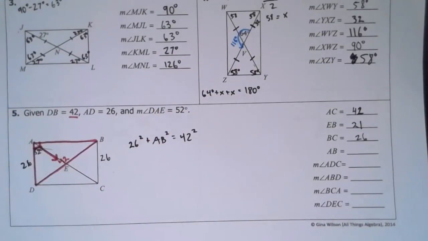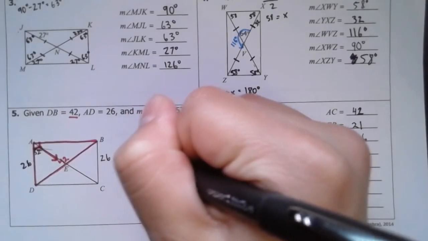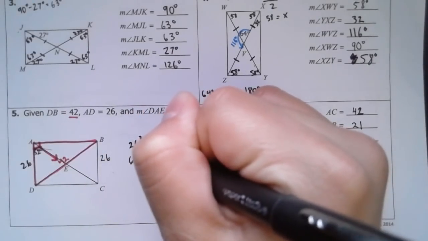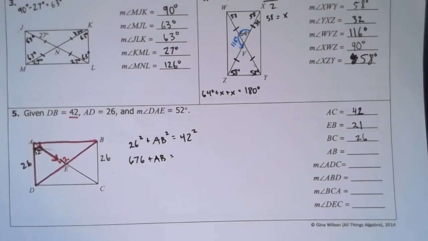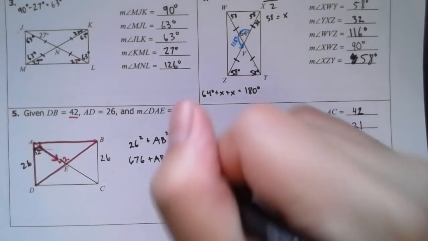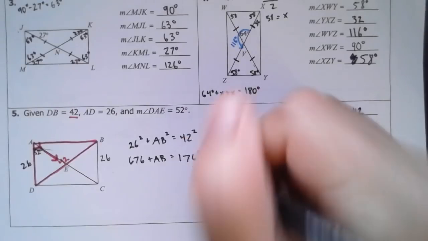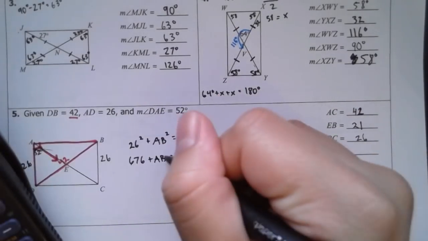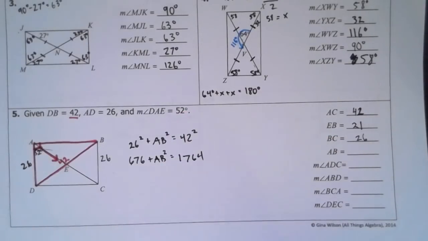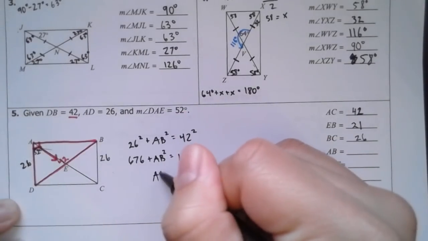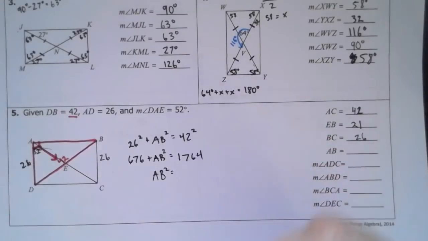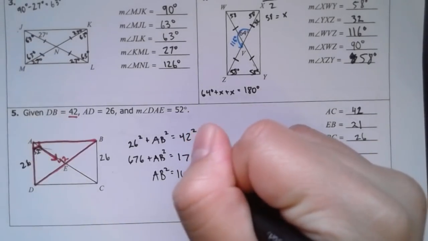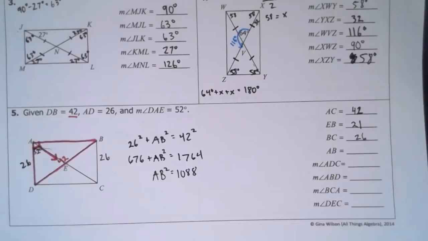Now use your calculators, but I'll show all the steps here. 26 squared is 676 plus AB squared is equal to 42 squared. 42 squared is 1764. Subtract 676 from both sides because I'm solving for AB squared. I get AB squared is equal to 1088.